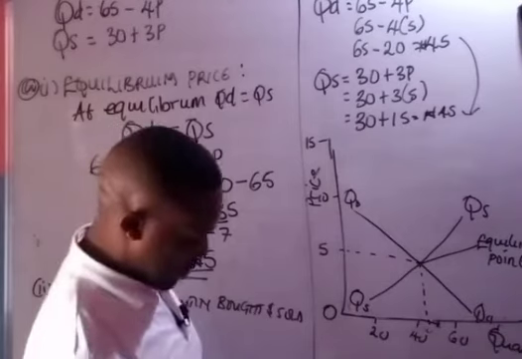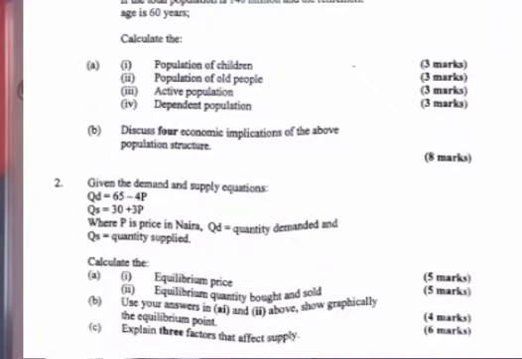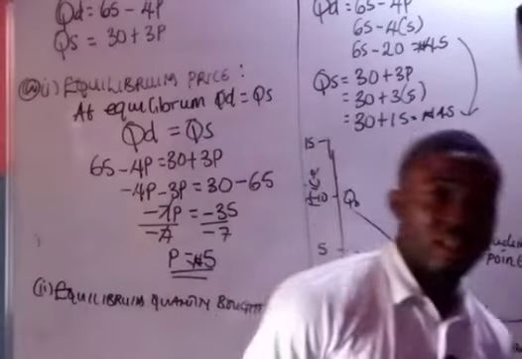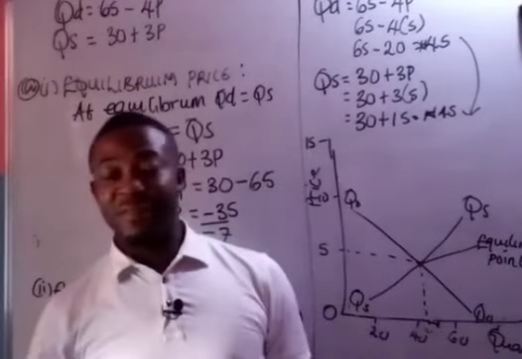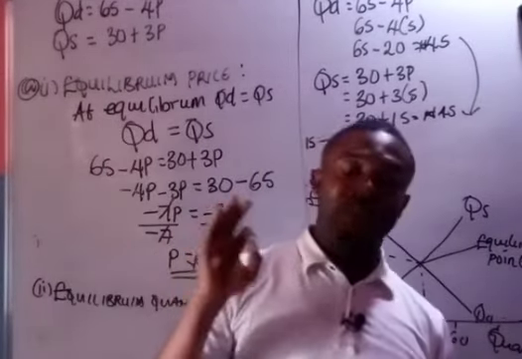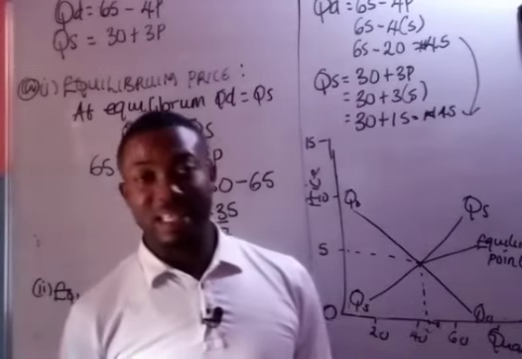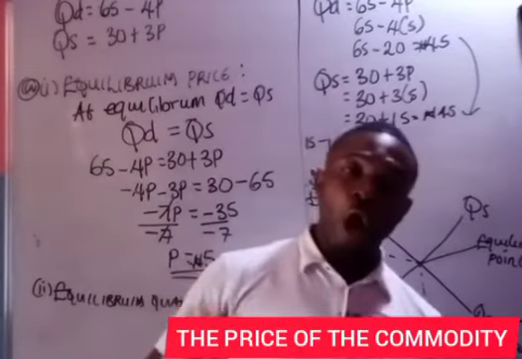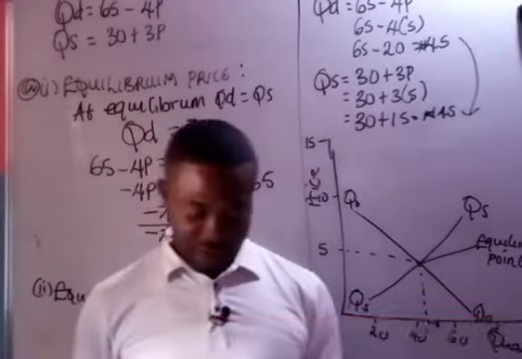Okay. So the next question said, explain 3 factors that affect supply. Now we have different factors that affect supply. The first one is the price of the commodity.